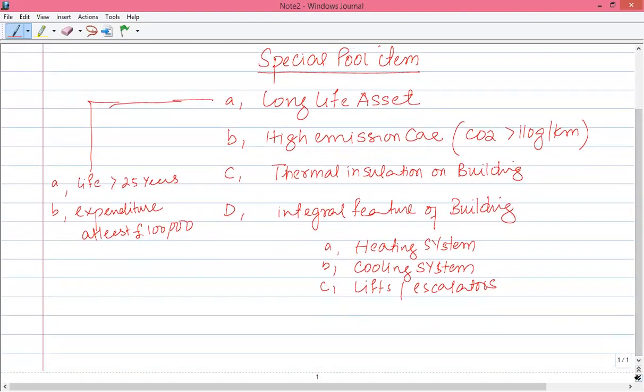Now let's take an example of how to deal with special pool items in our calculation of capital allowances. Let's assume that we have a tax written down value brought forward of a main pool item, and that is given as 50,000.